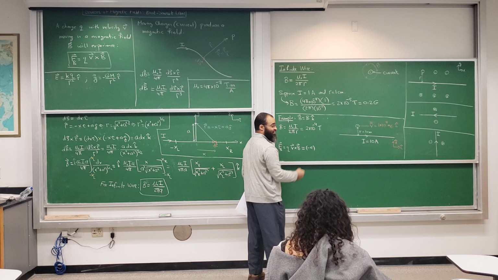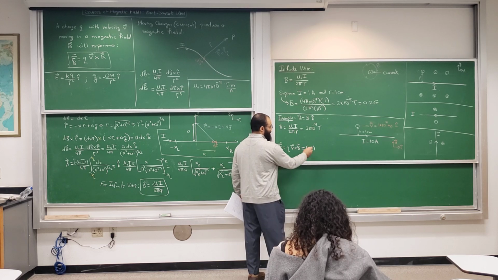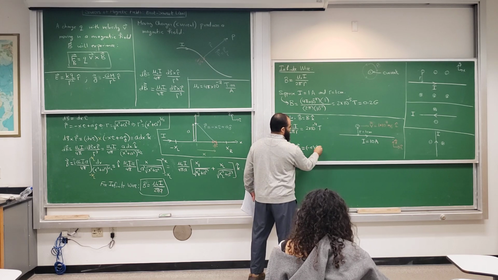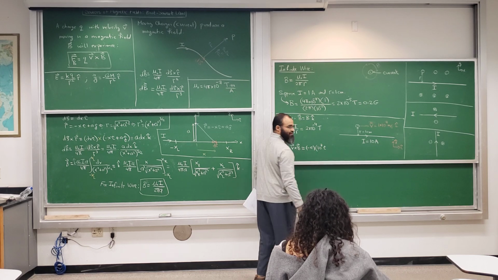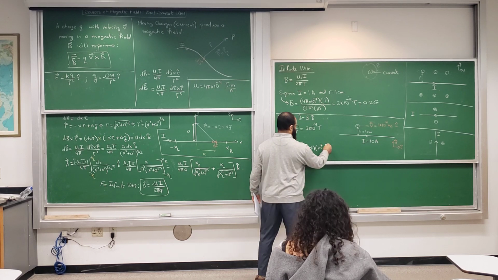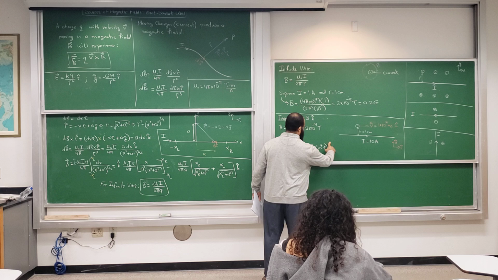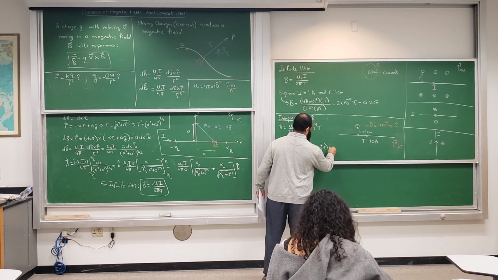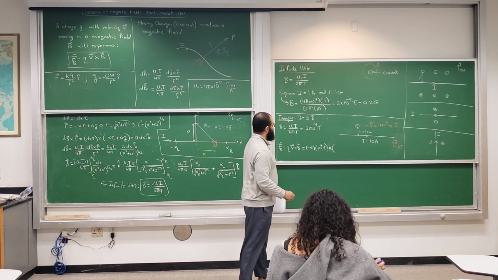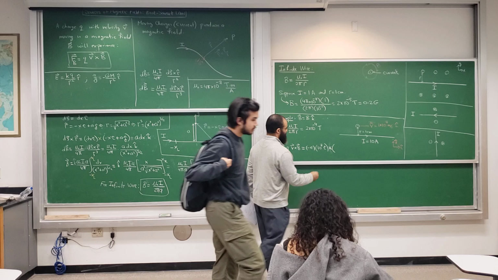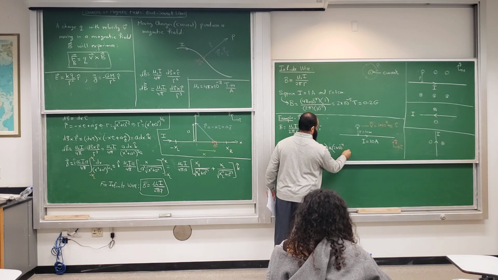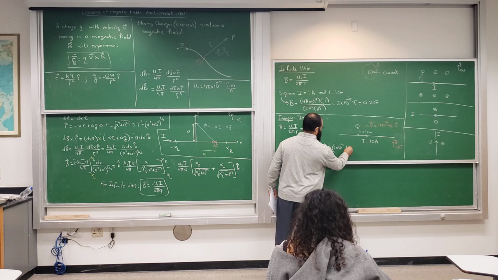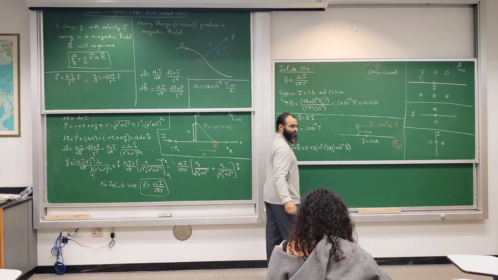Again, this is an electron. v is 10 to the 7 i hat, right? How about B? It's 2 times 10 to the minus 4 k hat, right? That's the magnetic field.